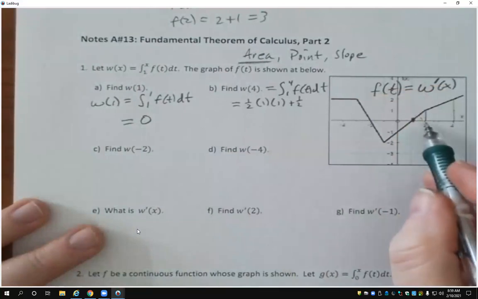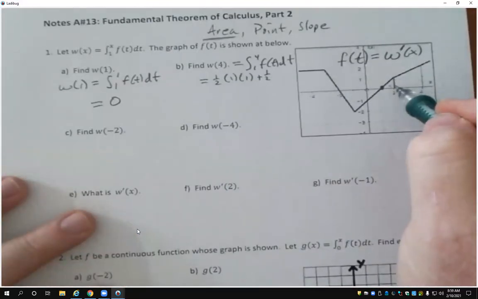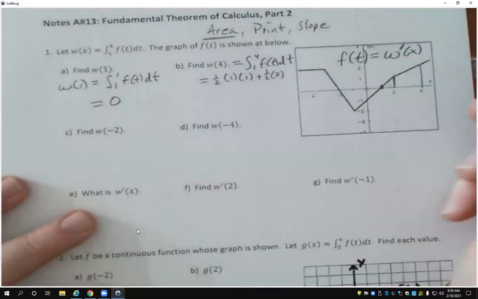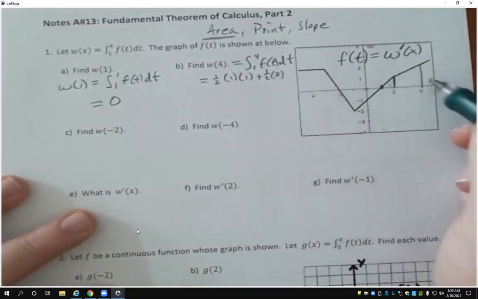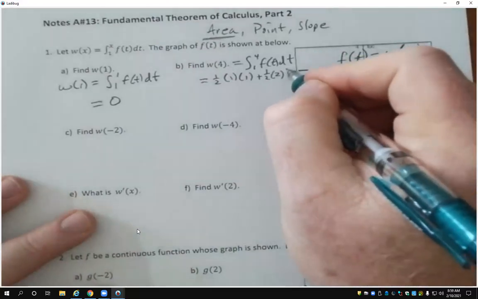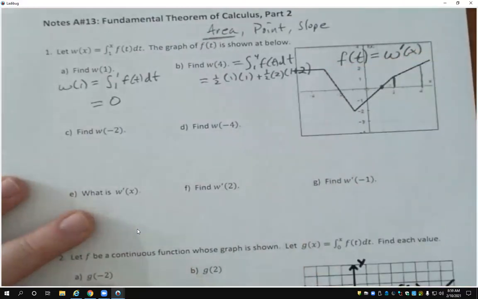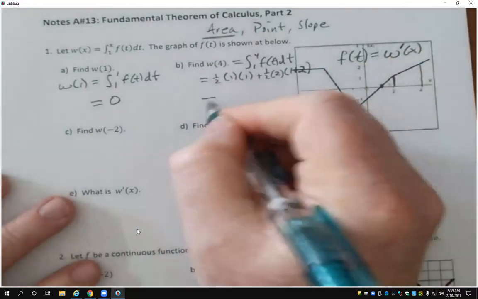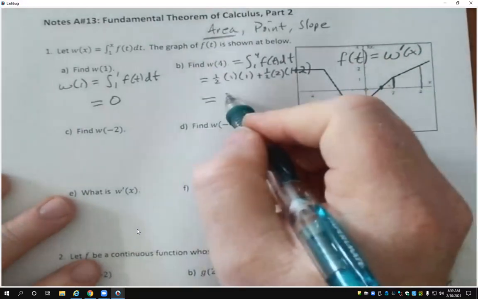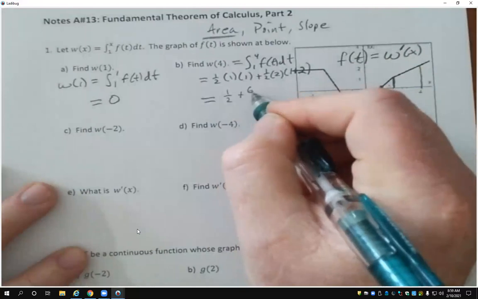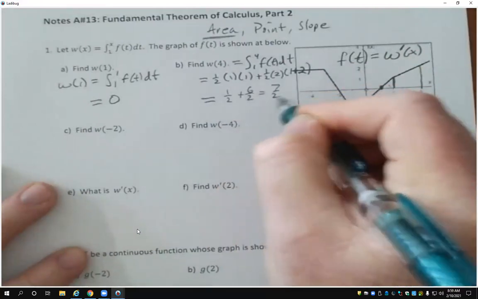The height is perpendicular to the two parallel sides, the two bases, and that is a height of 2. The bases are 1 and 2, so 1 plus 2. So this gives me 1/2, and 3 times 2 is 6/2. So I get 7/2, or 3.5.